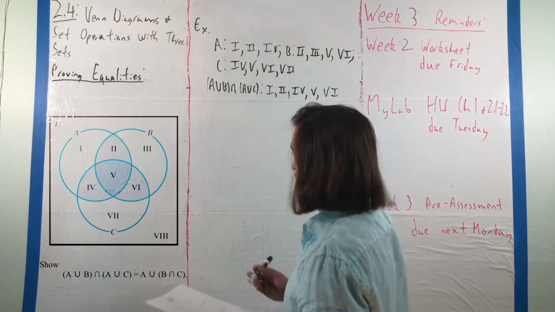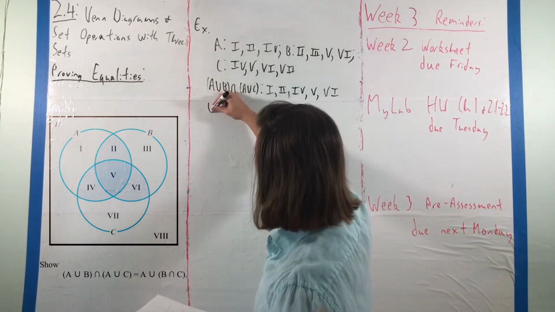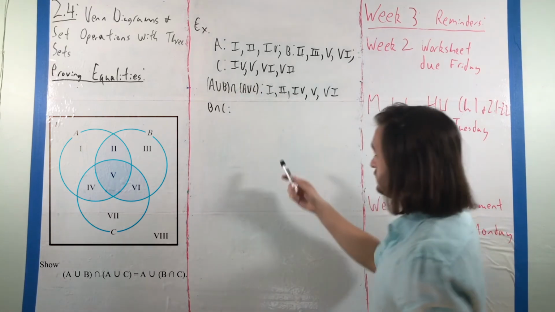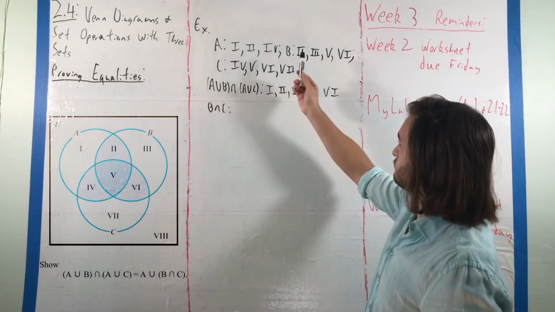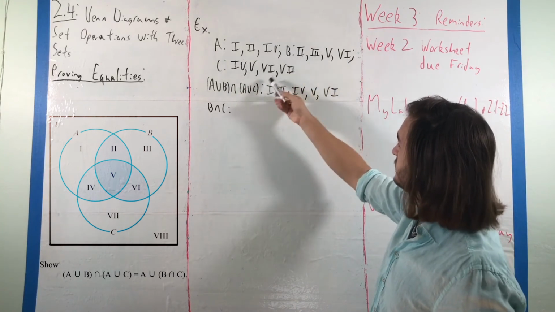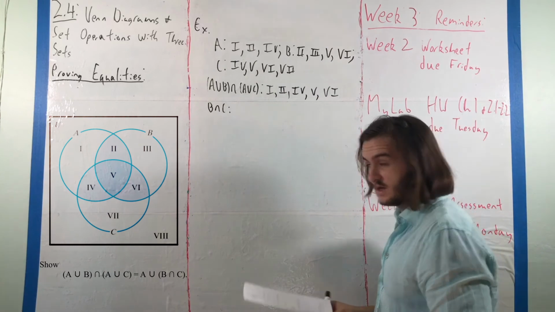On the other hand, if we look at B intersect C, we would not get 4, we would end up with 5 and 6 and not a whole lot else.